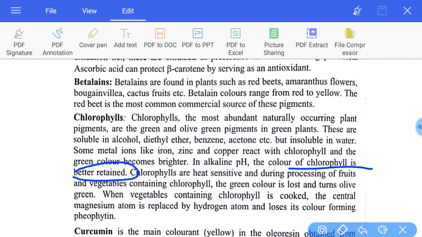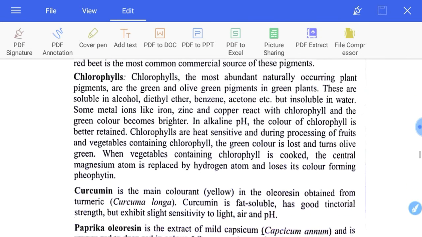Chlorophylls are heat sensitive, and during processing of fruits and vegetables containing chlorophyll, the green color is lost and turns olive green. So these are some conditions in which we can use some chlorophyll pigments for increasing the color.